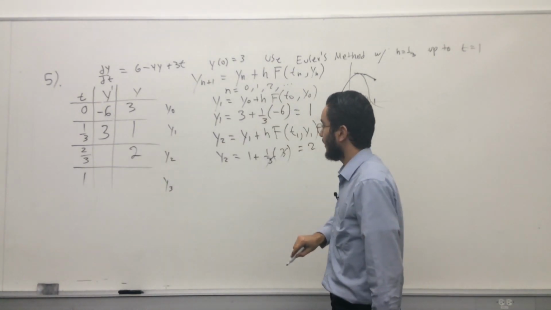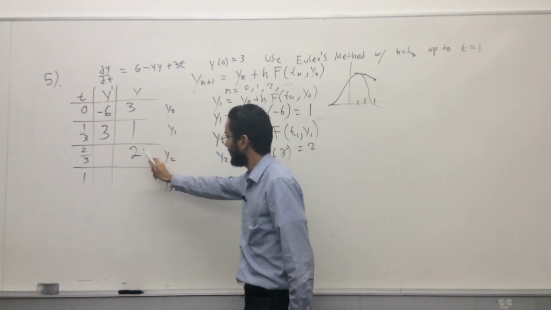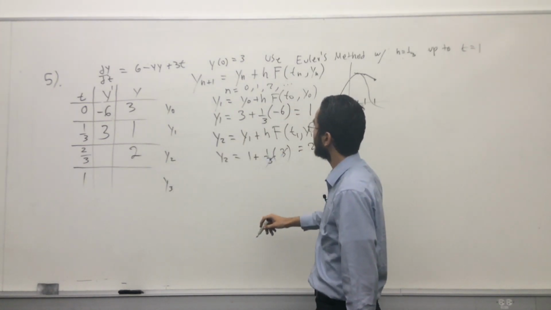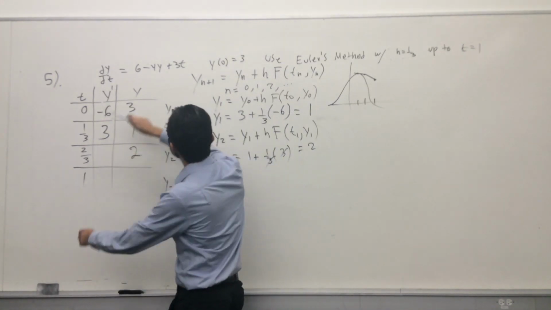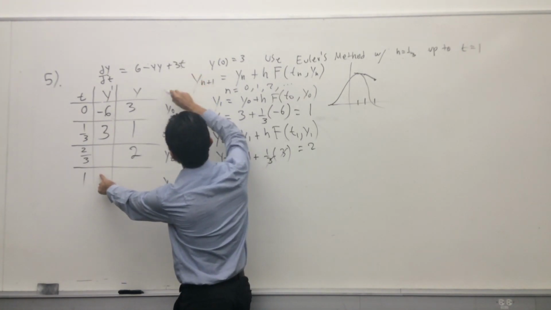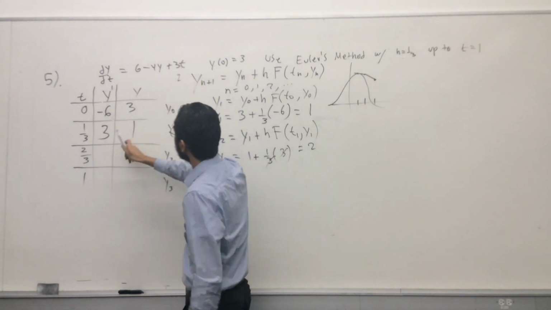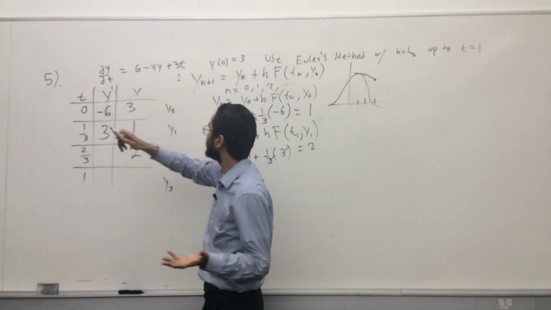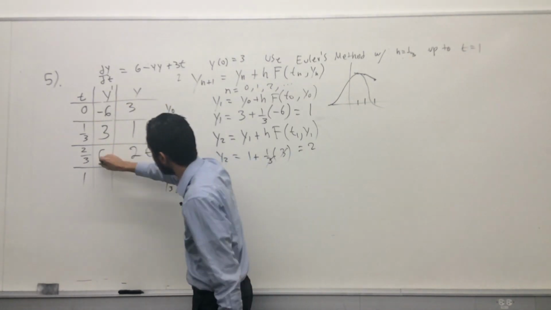Now the derivative evaluated at t equals 2/3 and y equals 2 is going to be, let's see, 2/3 over here, we get 2, right? And then when y equals 2, we get negative 8 plus 6 is negative 2. Negative 2 plus 2 is 0.